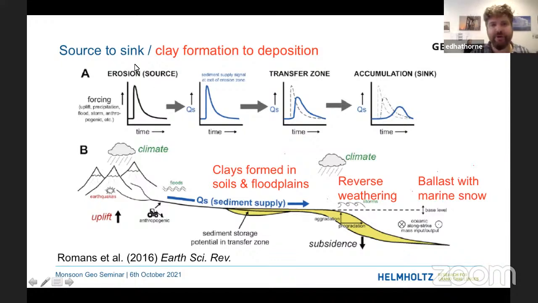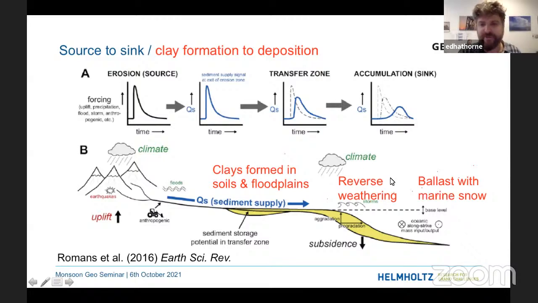Now, I've altered this a bit because we're talking about clays here, so it's not quite the same as erosion of sand material, say, and transport. We have to form the clays. A lot of these are secondary clays that are formed in the weathering environment, which is happening here in the soils and floodplains and not in the mountains. And then we have to deposit these clays somewhere.